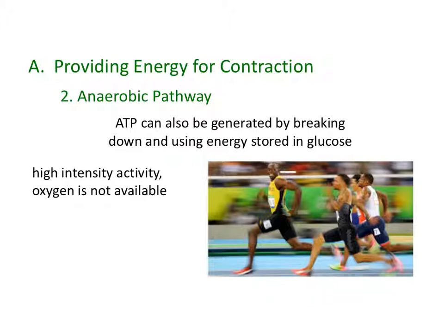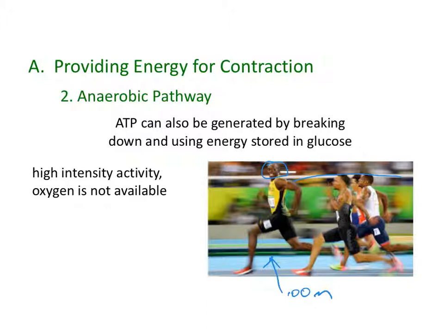What happens during high-intensity workouts, such as the 100-meter dash, which this is one of my favorite pictures of Usain Bolt in, both showing how much taller he is than everybody else, but also the fact that he can look at the camera and smile as he's a full body length ahead of everybody else.